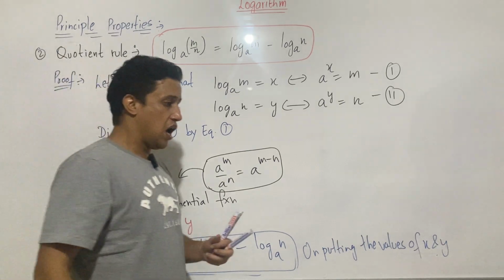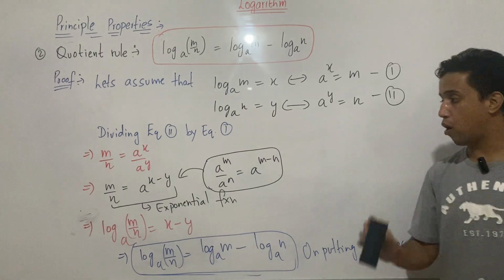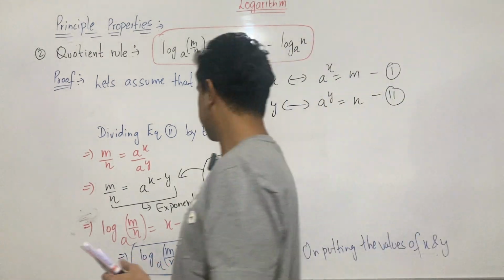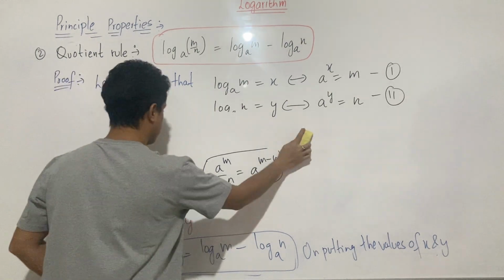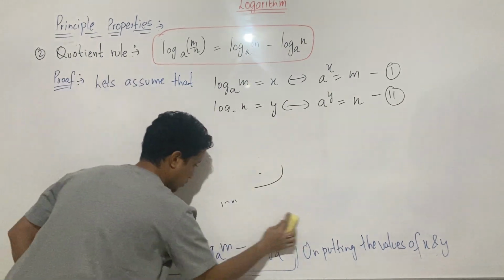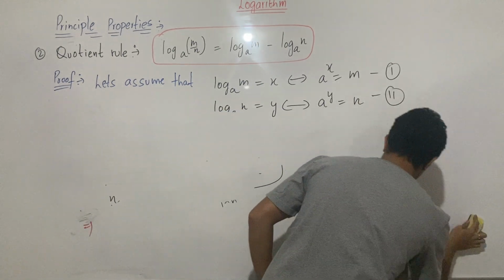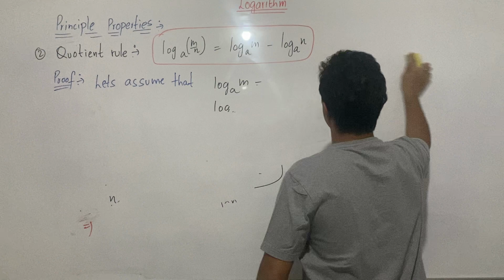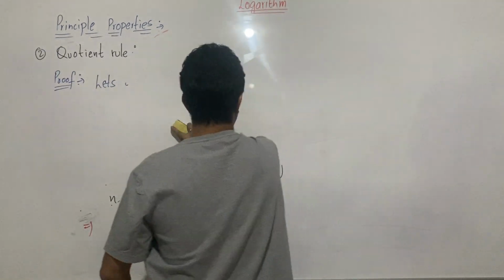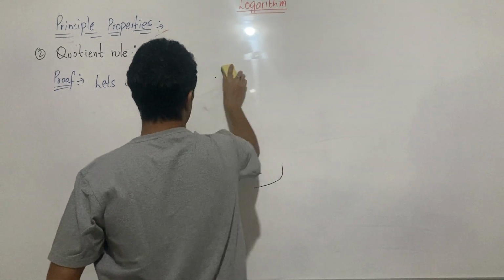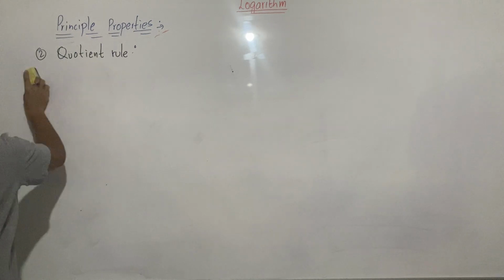So these are the two main properties. Now let's go to the next property. Our next property is property number 3.